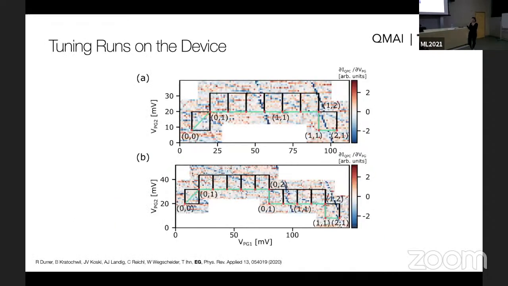This is the on-device tuning run for the preparation of the 2-1 state. And here you have 2 successful examples of how you can get there. Here, I want to draw your attention to how the measurement actually looks grainy. It's actually not super simple to know where the transitions are exactly, right?